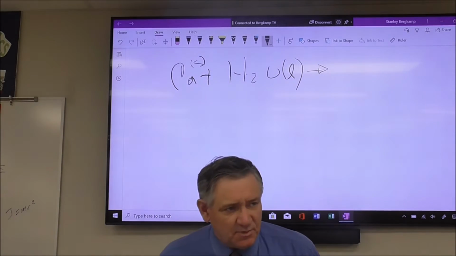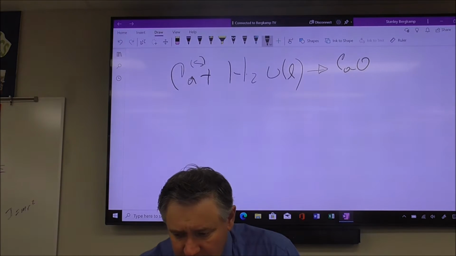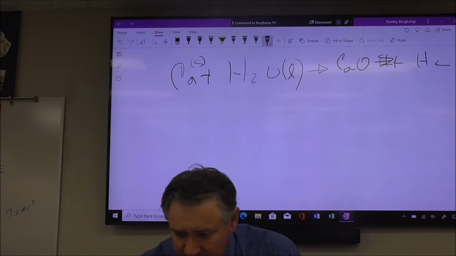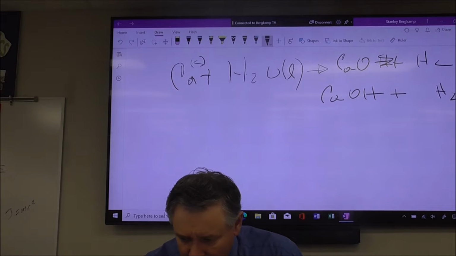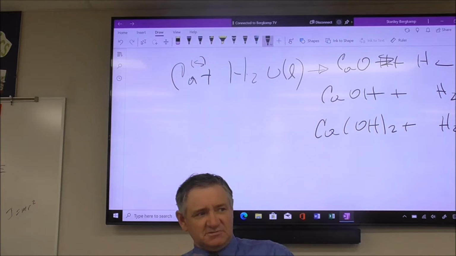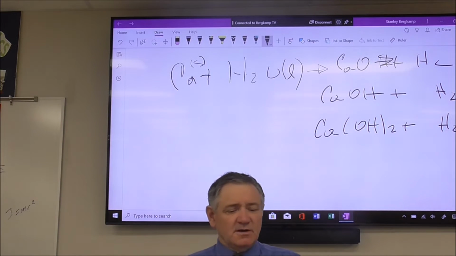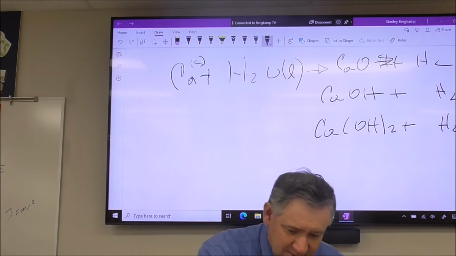Now, there are possible things you could get out of this. You could get calcium oxide and hydrogen gas, or you could get calcium hydroxide and hydrogen gas. So how could we determine which one, since we put phenolphthalein in here?